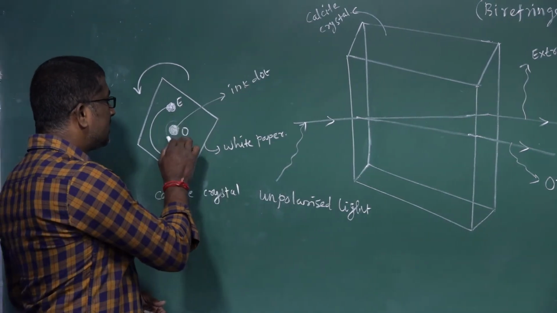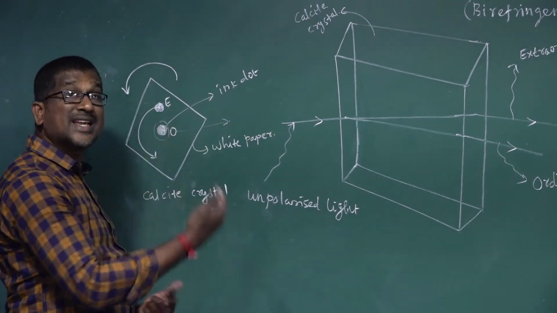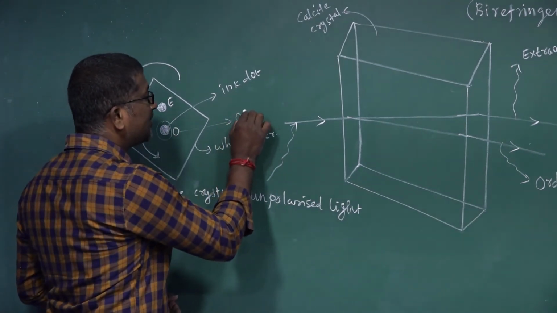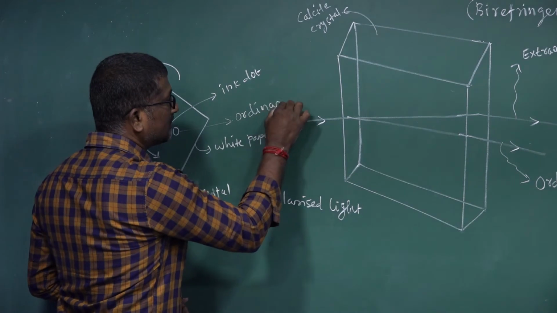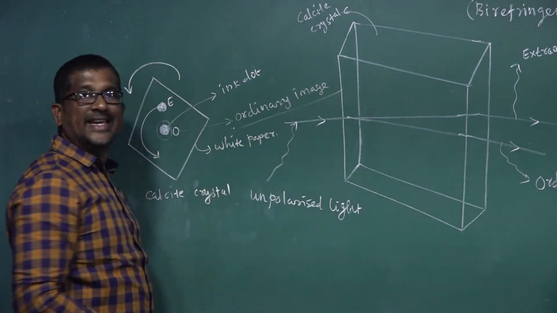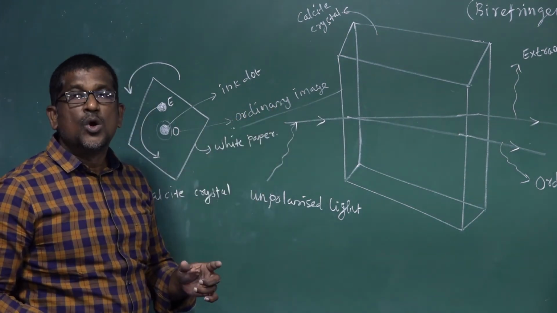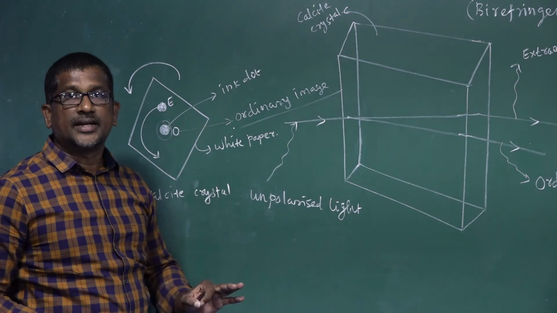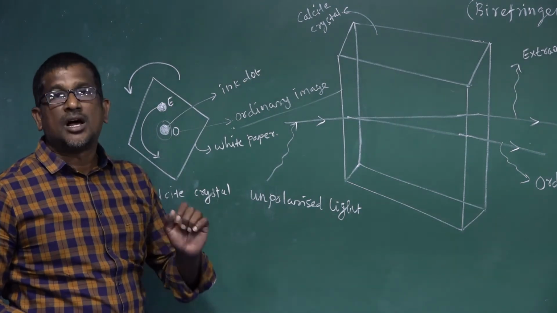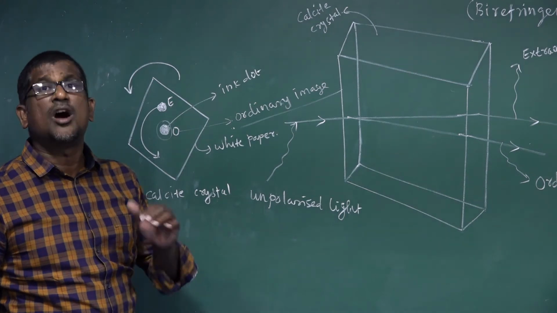The image which is stationary is called the ordinary image. This ordinary image is produced by one of the refracted rays, which obeys the laws of refraction. That ray is called the ordinary ray.